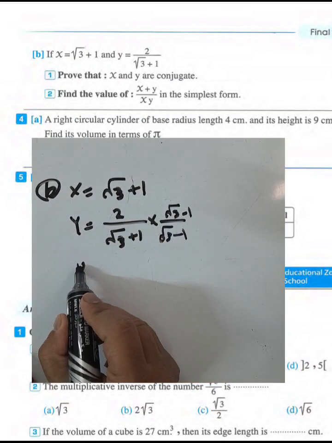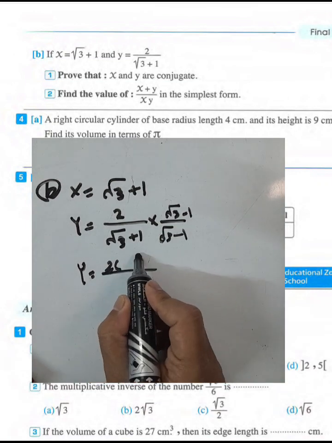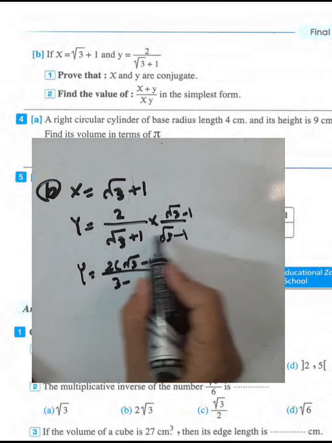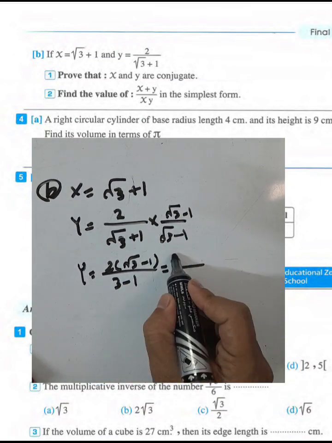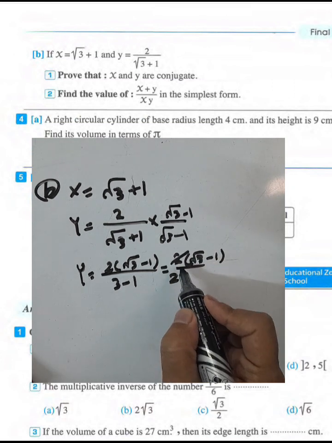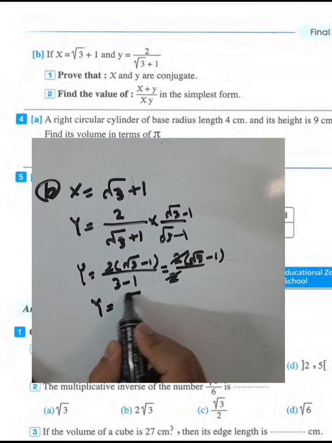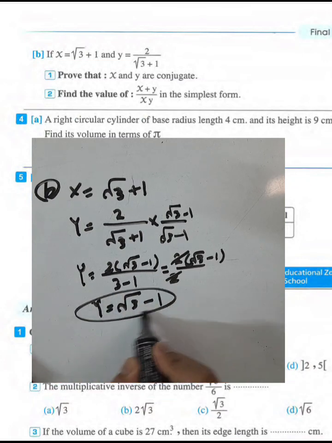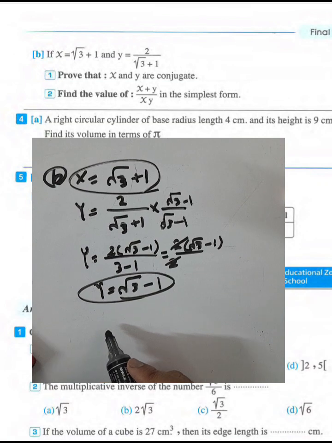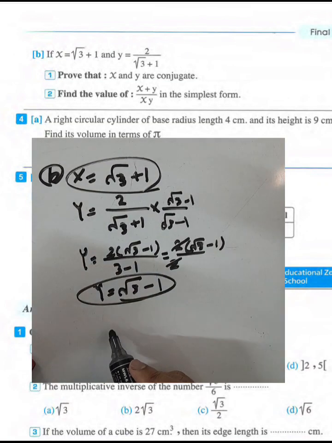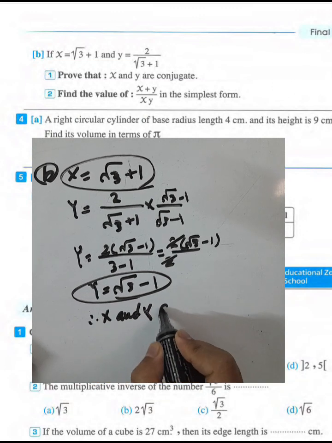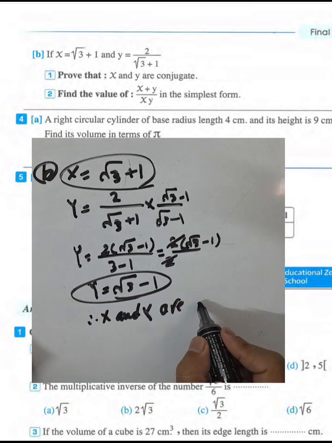The result will be 2 in the numerator, multiplied by root 3 minus 1, over root 3 times root 3, which is 3, minus 1 times 1, which is 1. Then 2 over 2 multiplied by root 3 minus 1, and 2 divided by 2 equals 1. Then y will be root 3 minus 1, which is the value of y, and the value of x is root 3 plus 1. Then y is the conjugate of x. Then we can prove that x and y are conjugate.